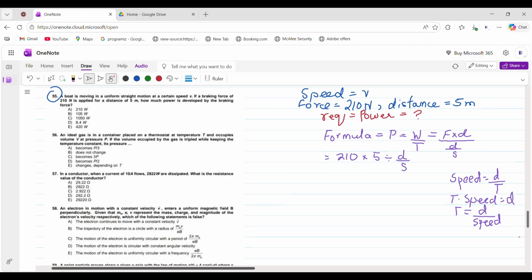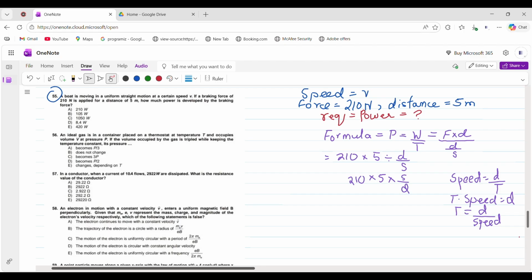Okay, and when I have to change this divide sign into multiplication, I have to take the reciprocal of it. So reciprocal of it would be s upon d, right? S upon d now.